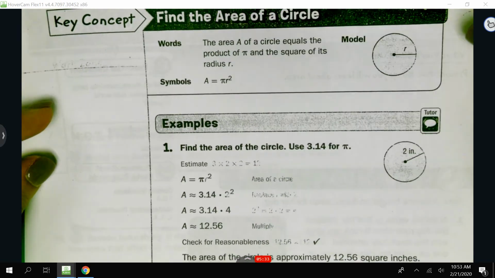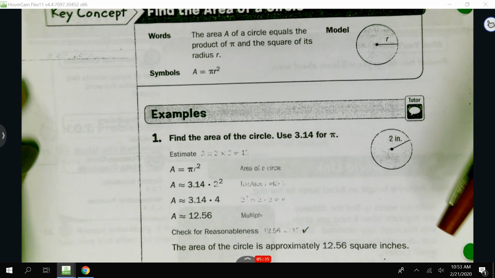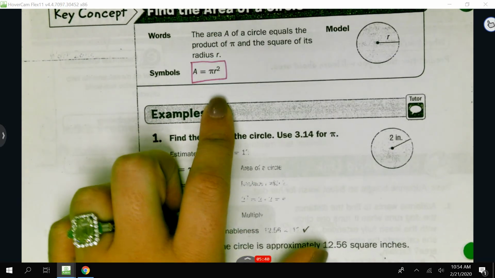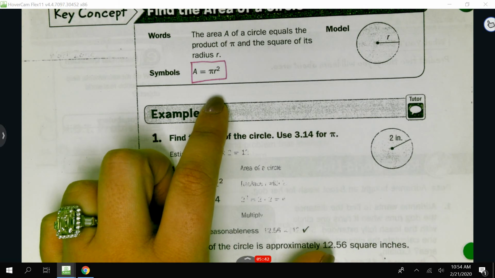So if I need to find the area of the circle, of course there's going to be a formula. So our formula is right here. A equals pi r squared, not pi r2. That is pi r squared.